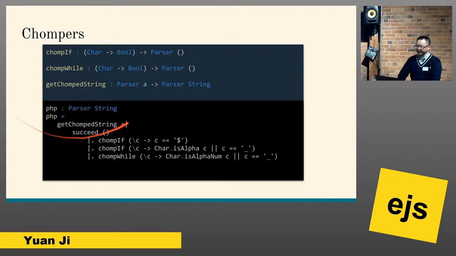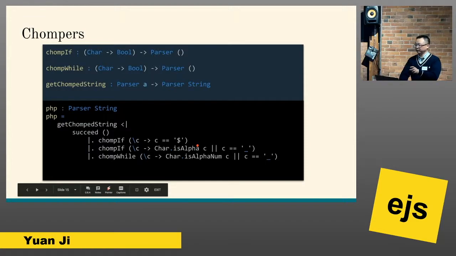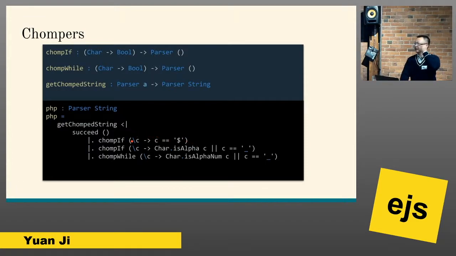So that's the way we combine those functions together to get a parser to parse PHP variable names. Very powerful, but also very straightforward. Real code, just like our mind. Very straightforward.